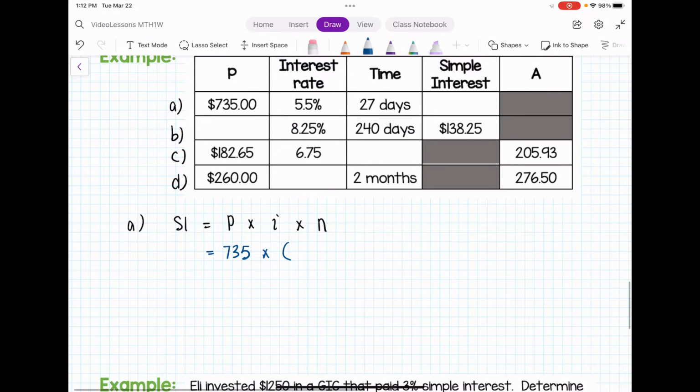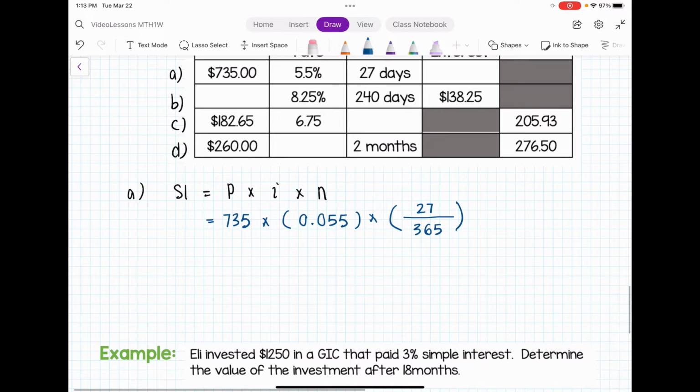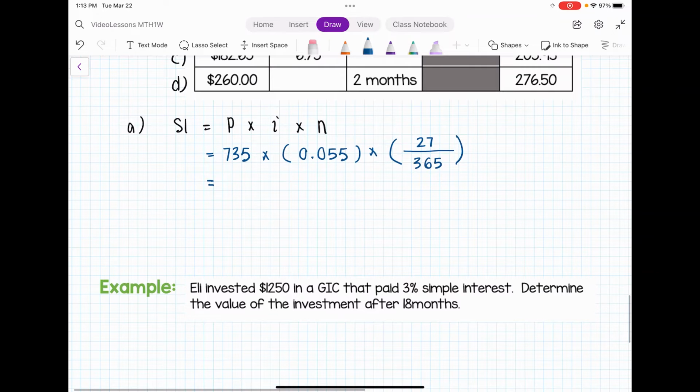The interest rate is 5.5%, which becomes 0.055 in decimals. And then here comes where we have to change things. We have 27 days. I want to convert that into years. In 1 year, we have 365 days, which means you have to take 27 and divide it by 365. And that tells you the amount of interest that is earned.